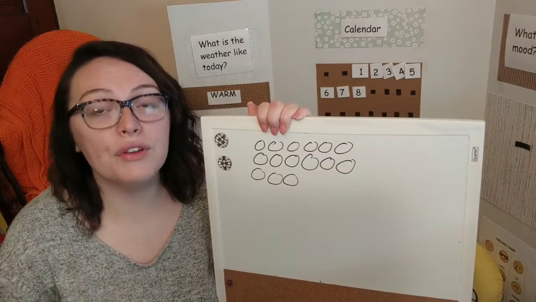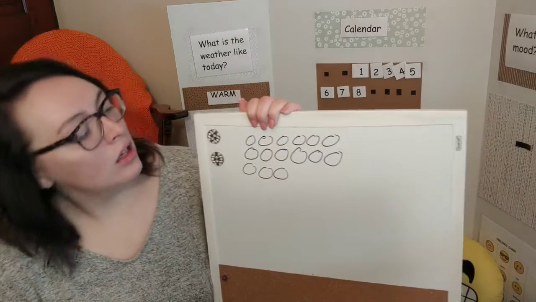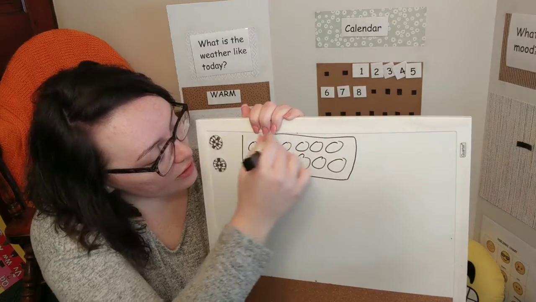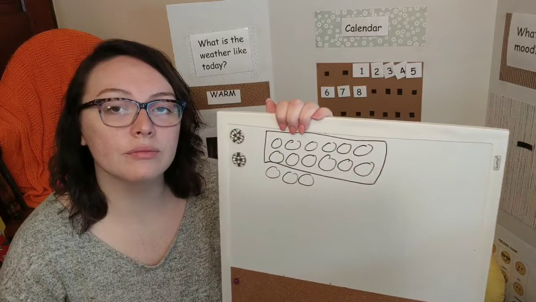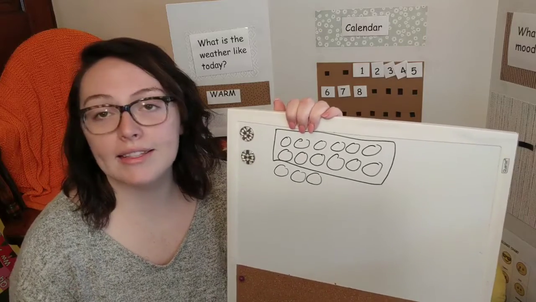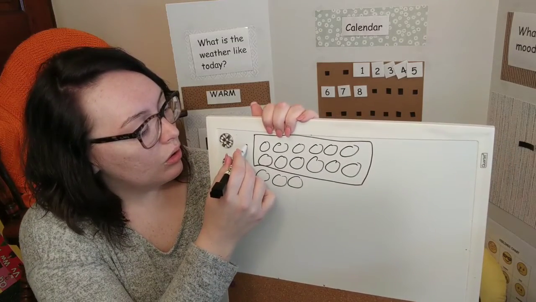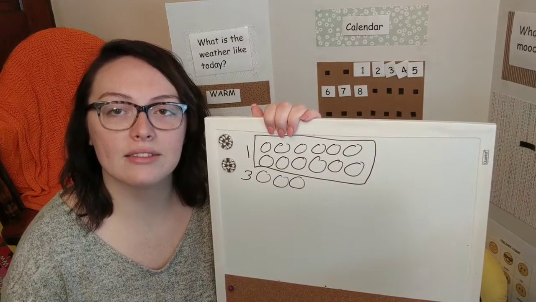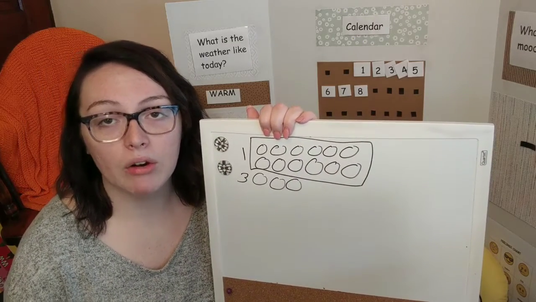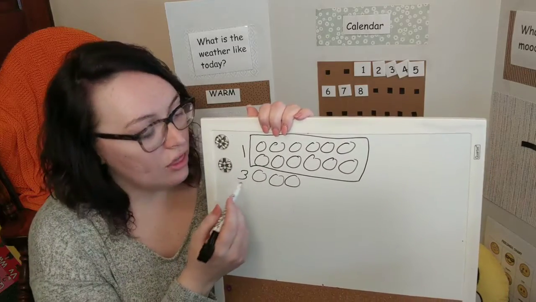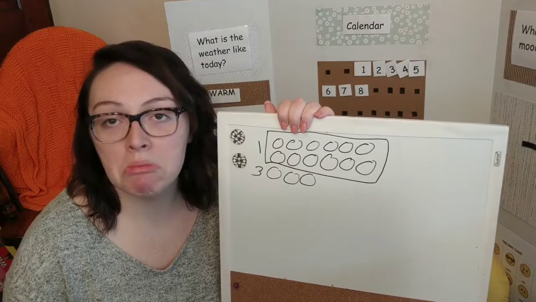So if I have 15 eggs and I have a dozen right here, but I have 3 left in my 15, so I could say I have 1 dozen and 3 eggs. I know. So instead of saying 15 eggs, I can say I have a dozen and 3 more eggs.